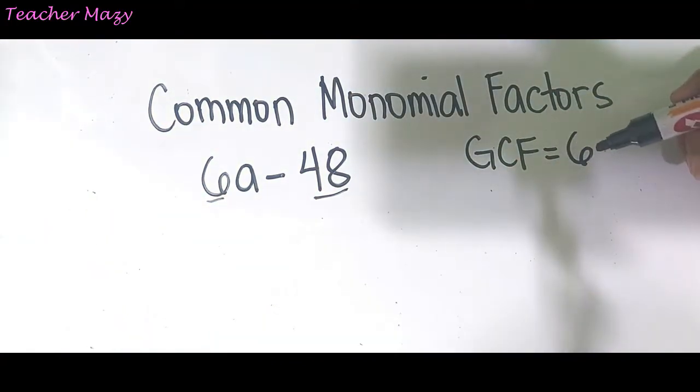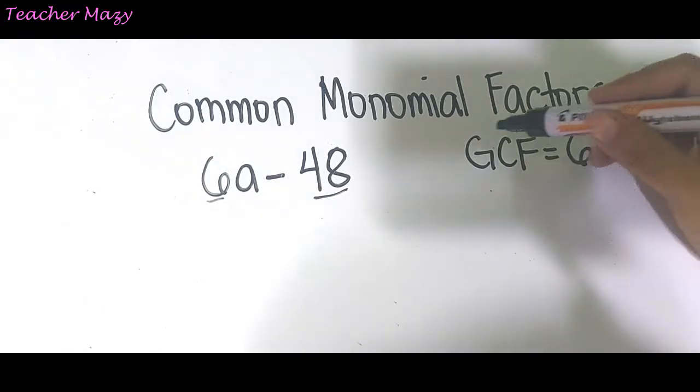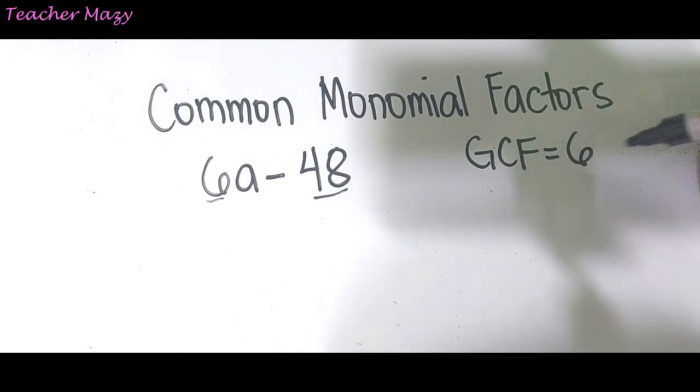For the second step, we need to divide each term by the greatest common factor to get the other factor.